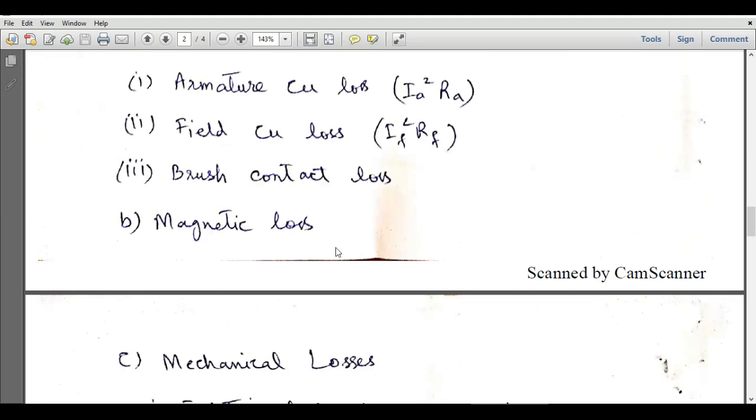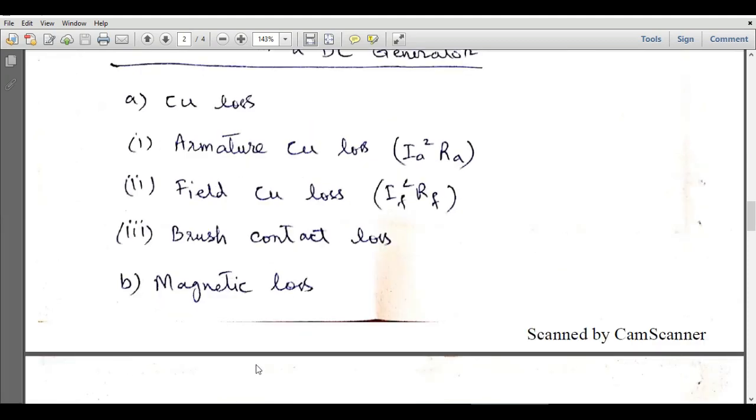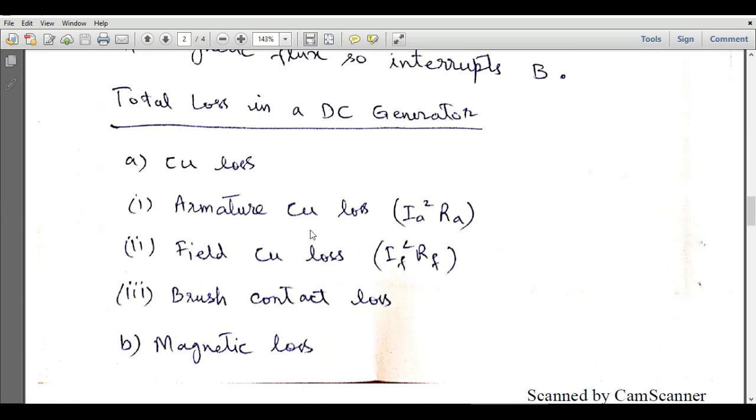So total losses in a DC generator are copper losses, iron losses or core losses or magnetic losses, and the mechanical losses. So copper losses are of three types: armature copper loss, mathematically written as Ia square Ra. Similarly, field copper loss, If square Rf, and brush contact loss. The copper losses are the losses which occur across the copper windings of the DC generator.